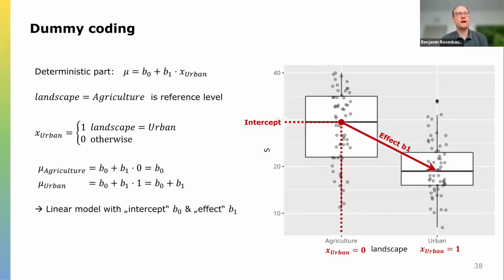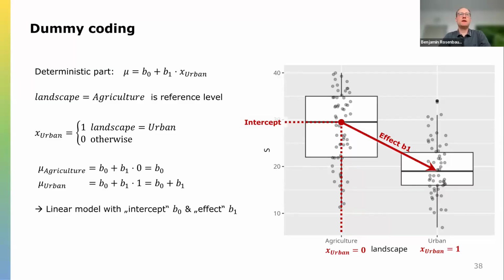So you have a variable which is either 0 or 1, depending on if the landscape is agriculture or urban. And then this can be seen as a classical linear model, where the predictor is treated as if it was a continuous predictor.